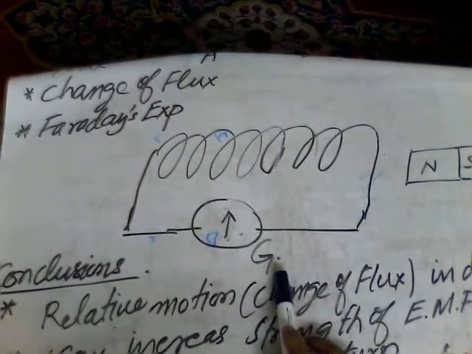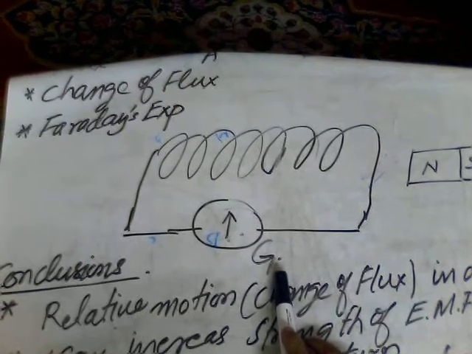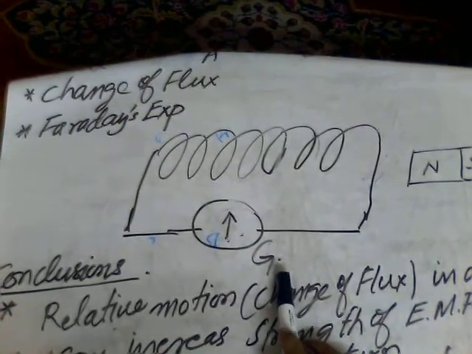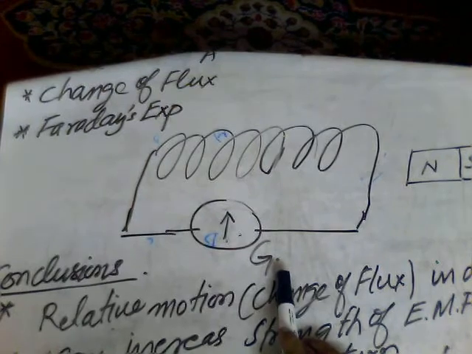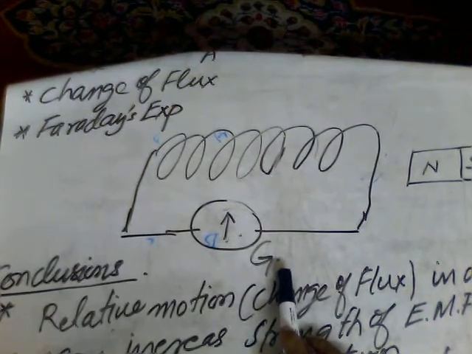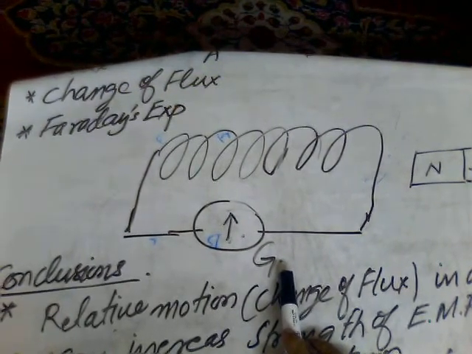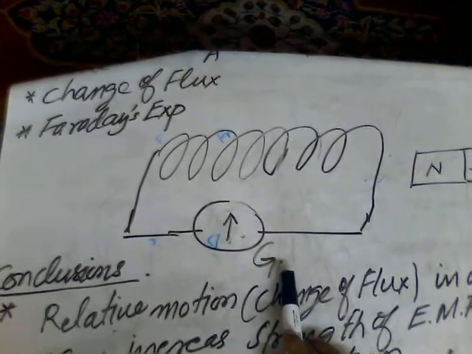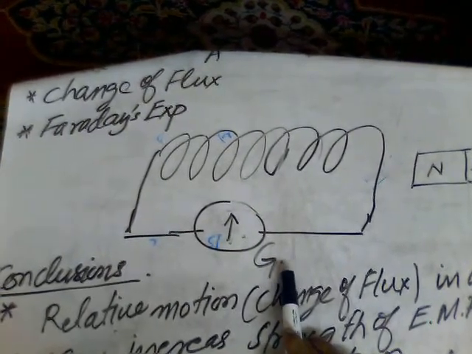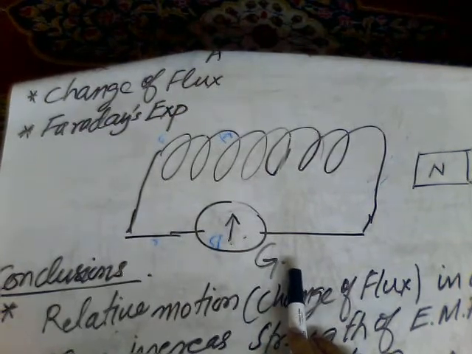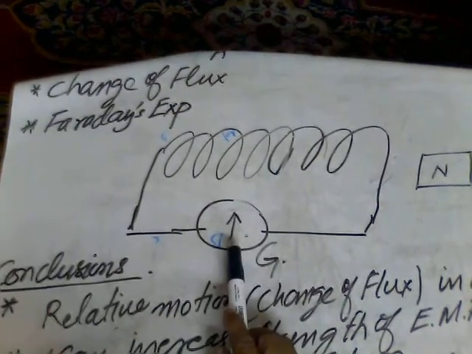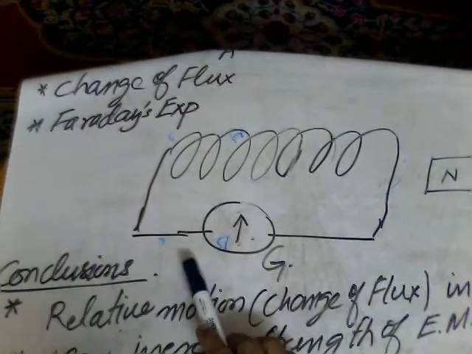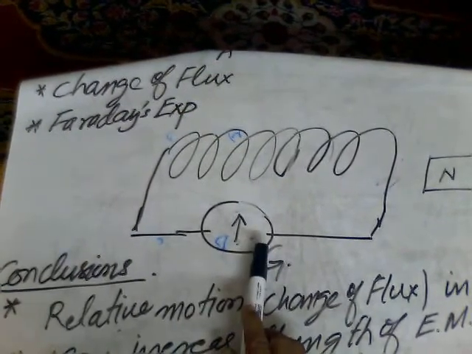The galvanometer is a very sensitive instrument that detects the presence of current in a circuit. Even a very small fraction of current, the galvanometer can detect. How? The needle will deflect either to the left side or to the right side.